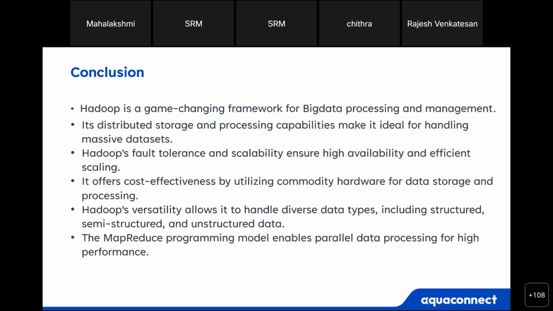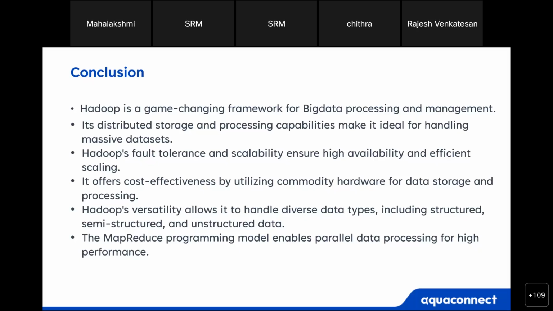It offers cost effectiveness since in HDFS it is not required to use any additional hardware or system. It works perfectly fine on our local system itself. By utilizing commodity hardware for data storage and processing, Hadoop's versatility allows it to handle diverse data types, that is structured, semi-structured, and unstructured data.